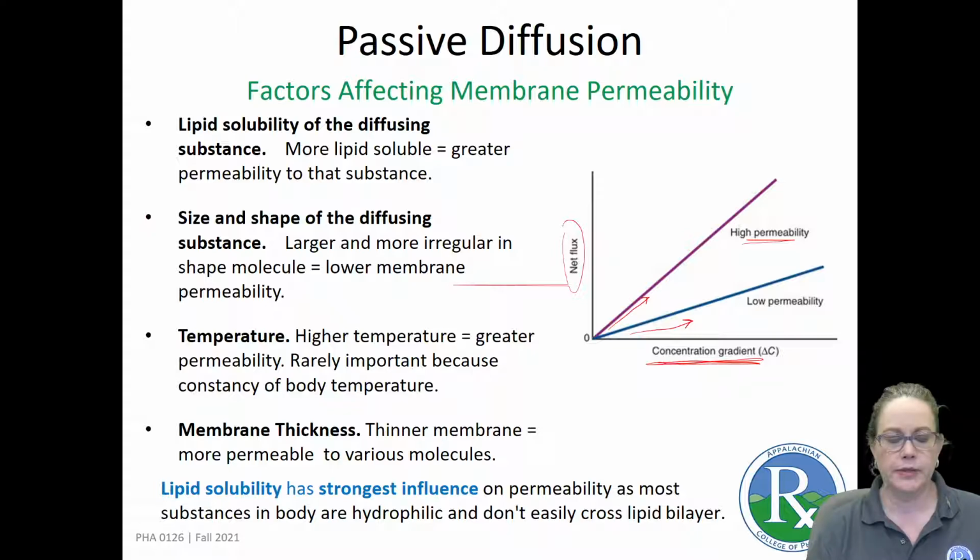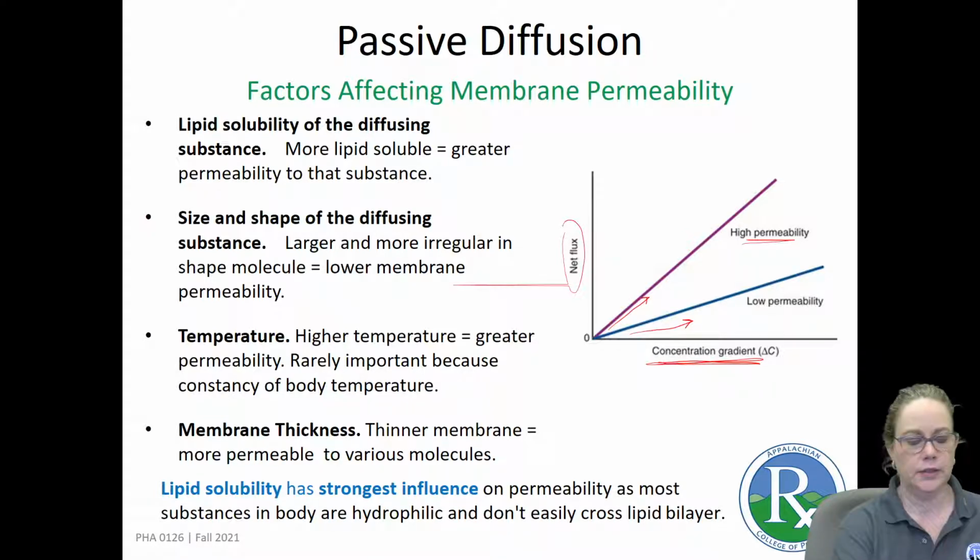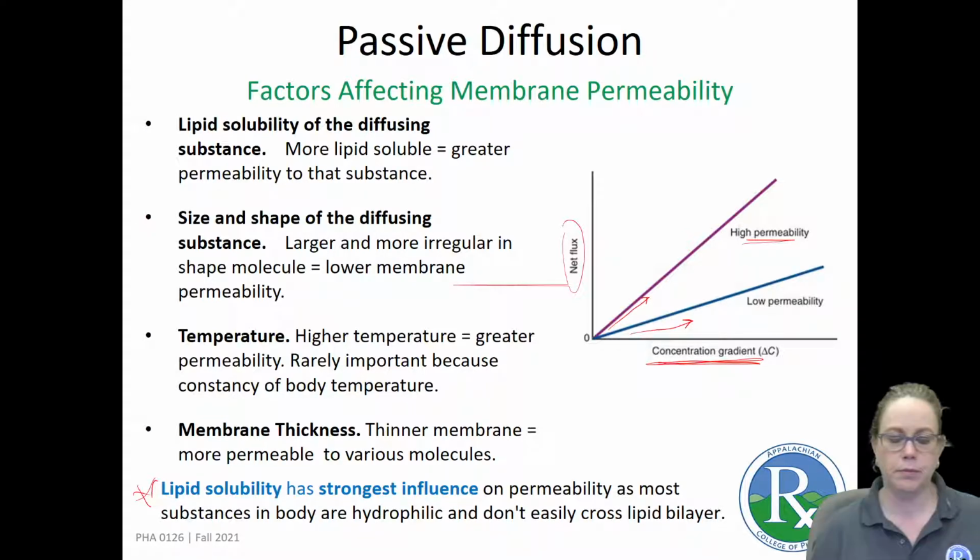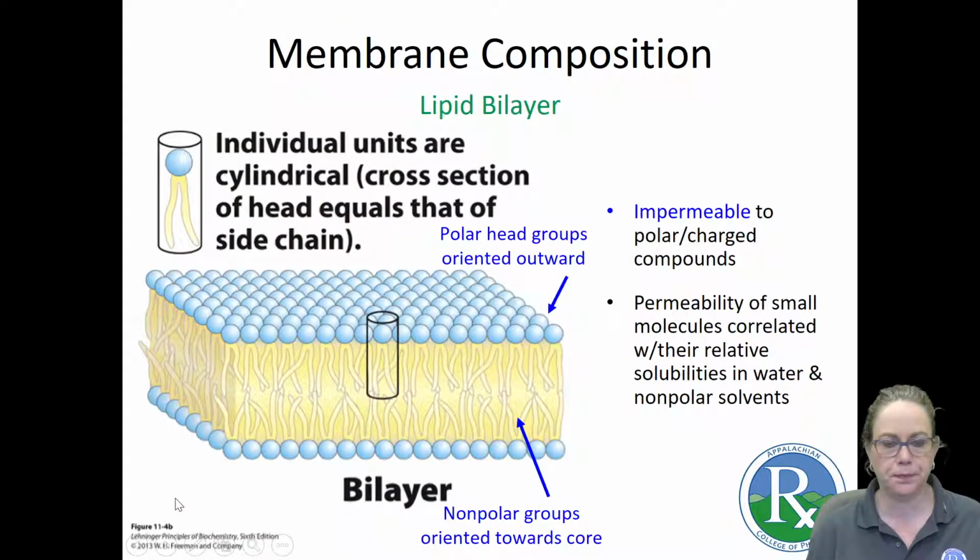The last factor is the membrane thickness. The thinner the membrane, the more easily things will permeate it. Thicker, it's more impermeable to substances. Of all of those factors, lipid solubility will have the strongest influence on permeability, since most substances in the body will be hydrophilic and won't easily cross the lipid bilayer.